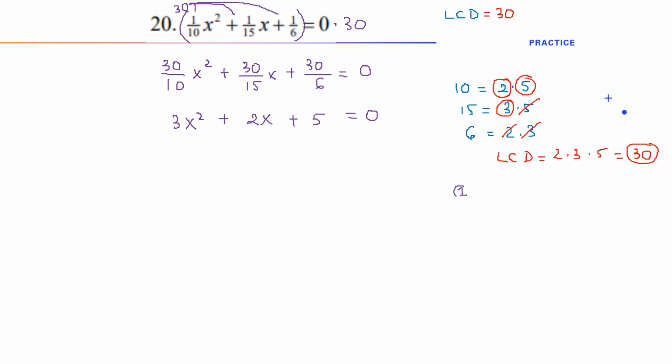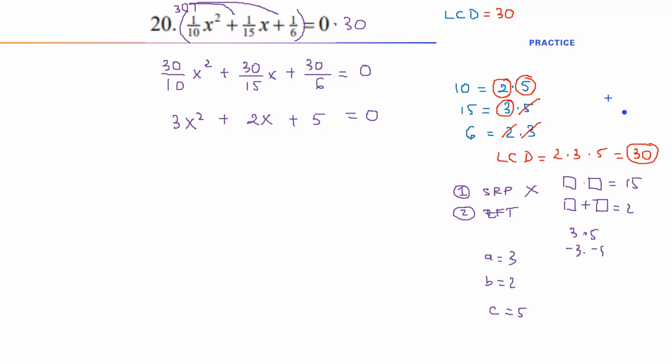So first we're checking on what? The square root property. Nope. Zero factor theorem. A equals 3, B equals 2, C equals 5. A and C, 15. Add them up, have to be equal to 15 is 3 times 5. 3 and 5, or negative 3 and negative 5, but they could not add up to 2, right?